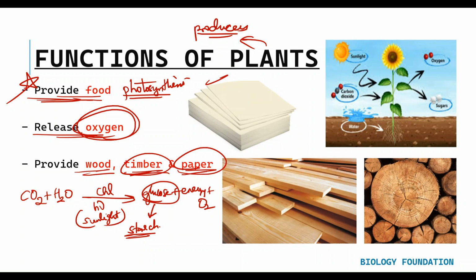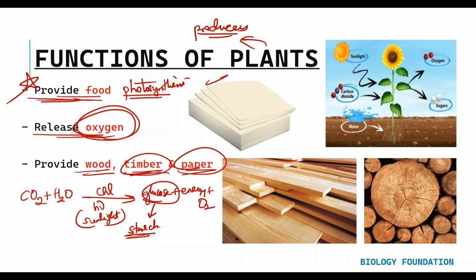So that's the reason people say never waste paper, because trees are usually cut to produce these papers. So it's better to recycle the papers and reuse them if you are doing some rough work or something of that sort, right? So basically, what are the functions of plants? Plants are major producers.